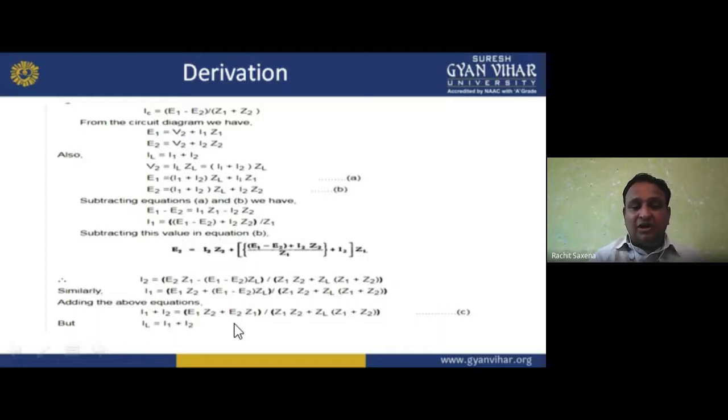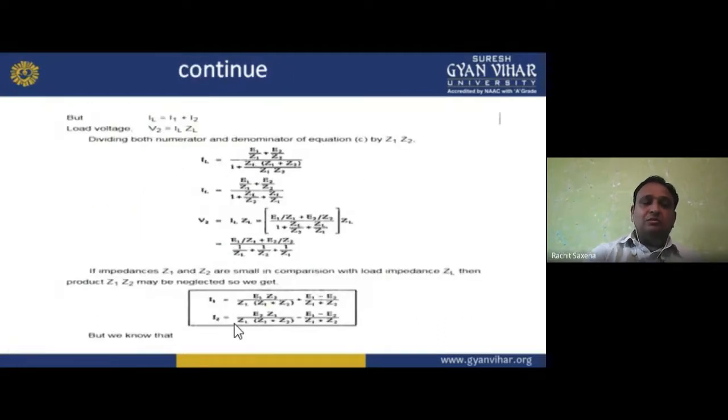So IL is equal to I1 plus I2, and V2 is equal to IL ZL. V2 is the output voltage of the two transformers which are connected in parallel. Dividing both numerator and denominator of equation C by Z1 Z2, we get E1 by Z1 plus E2 by Z2 over the common terms.